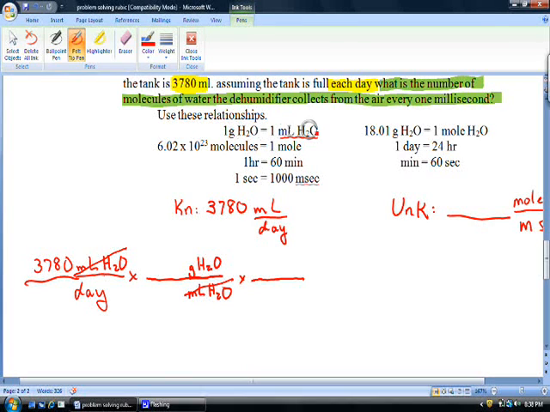So I'm going to choose this time to use this relationship. So I'm going to put grams of water on the bottom so that those will now factor out. And the other unit in this relationship is something called moles of water.